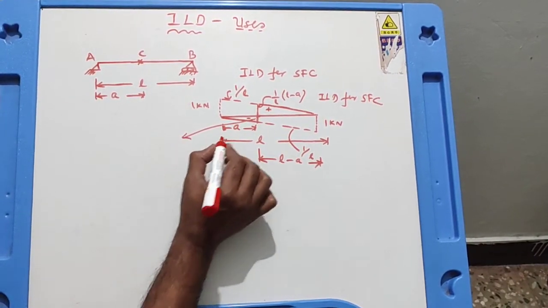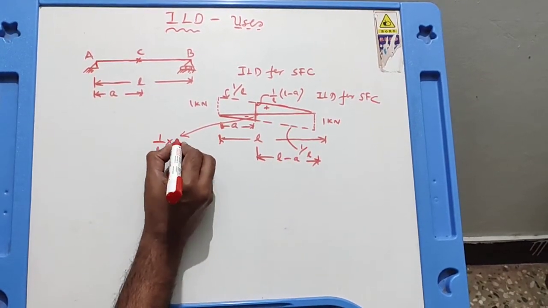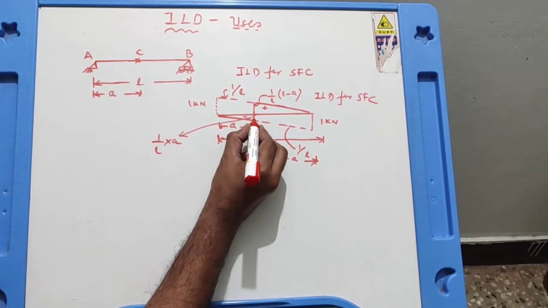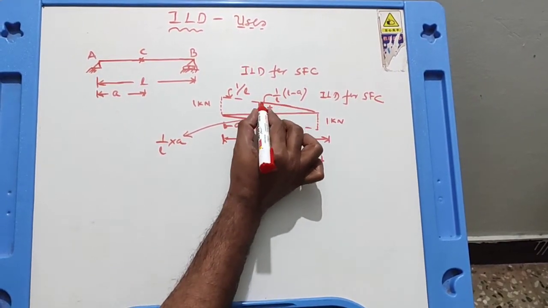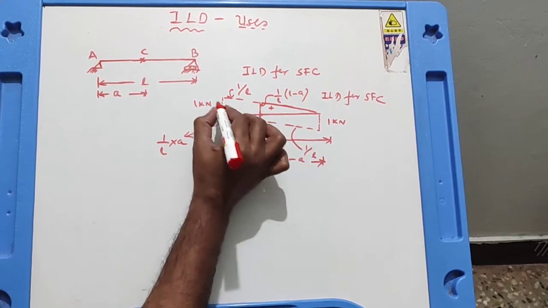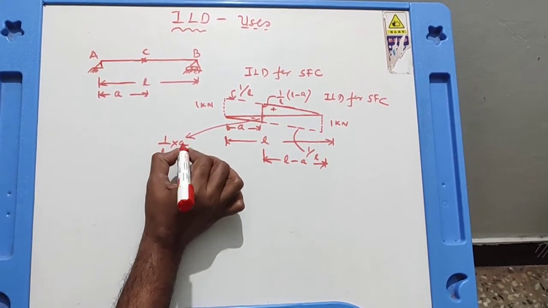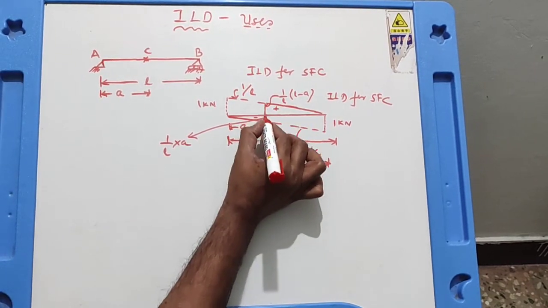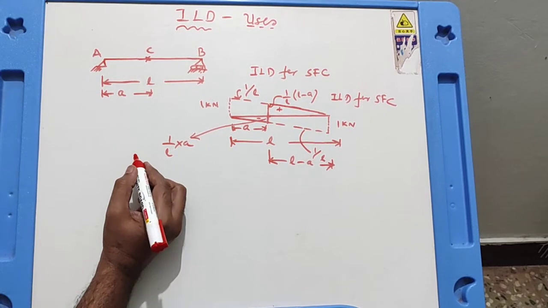This ordinate is equal to slope of the line, 1 by L into a, and this ordinate is 1 by L into (L minus a). If you add both ordinates, you can see it is equal to 1 kilonewton. 1 by L into (L minus a) plus 1 by L into a together, in magnitude it is equal to 1 kilonewton. This is how you can draw influence line diagram for shear force at C.